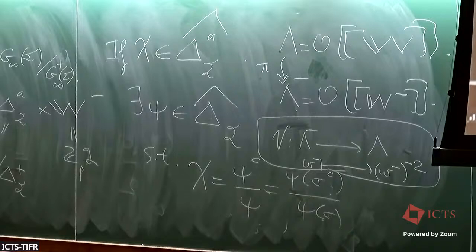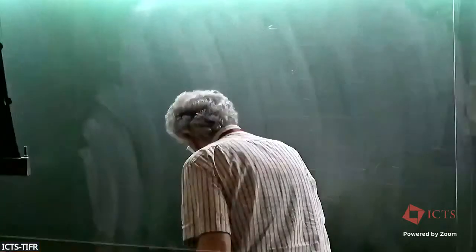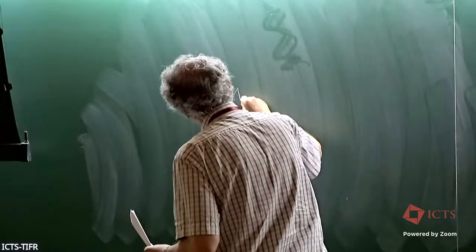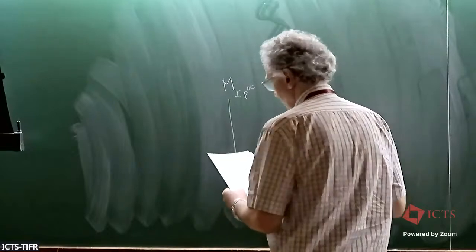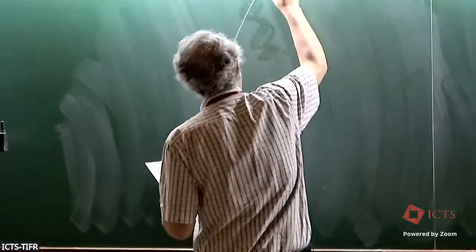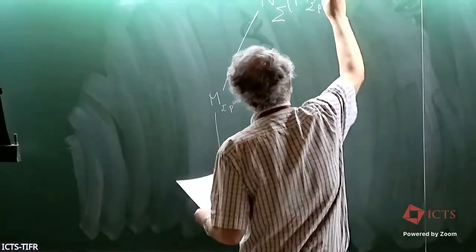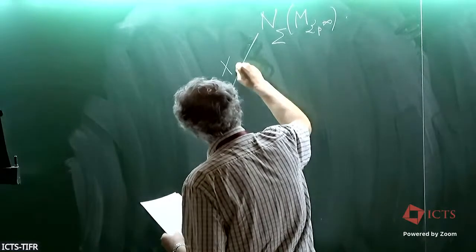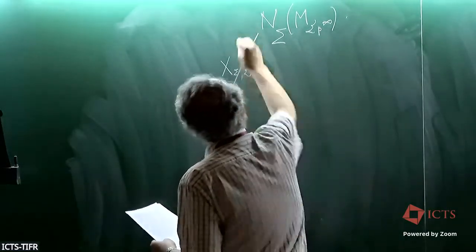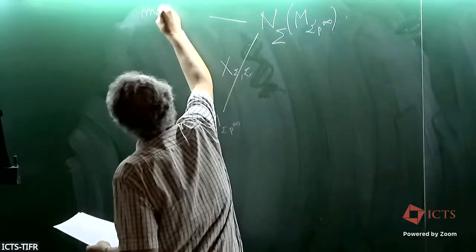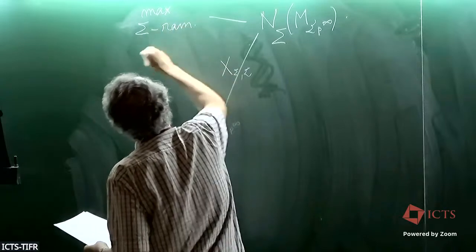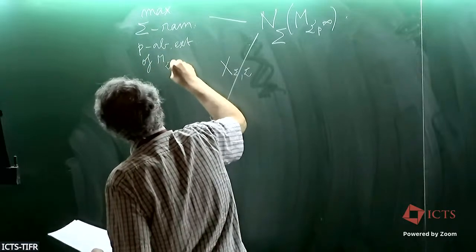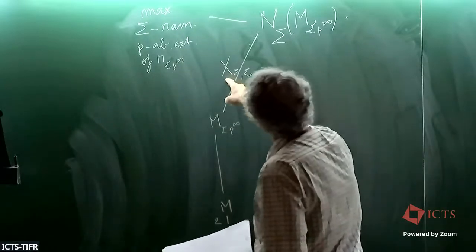You have the real field F, you have the quadratic extension M, you have the ray class field M infinity, Cp infinity, and you have N sigma of M Cp infinity, which is the maximal sigma-ramified p-abelian extension of M Cp infinity, and you have the Galois group here, X sigma C. The Galois group here is a pro-p group, of course.